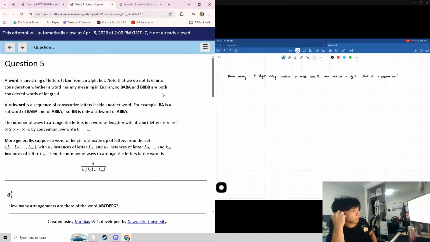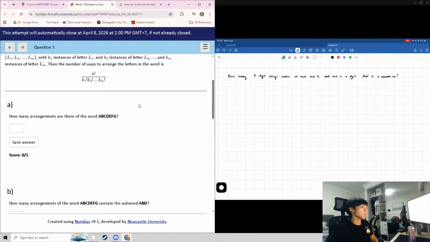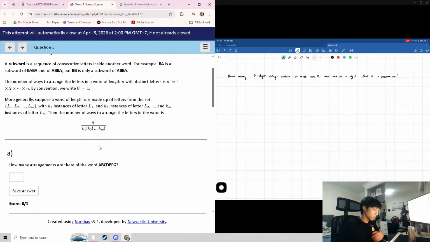The number of ways to arrange the letters in the word is n factorial over the product of the factorials of the repeats, times different arrangements.